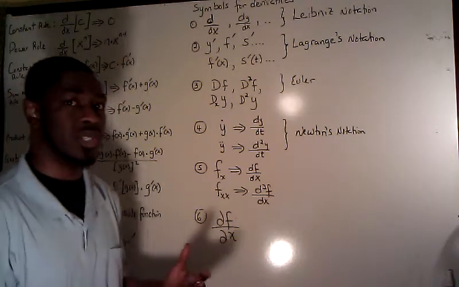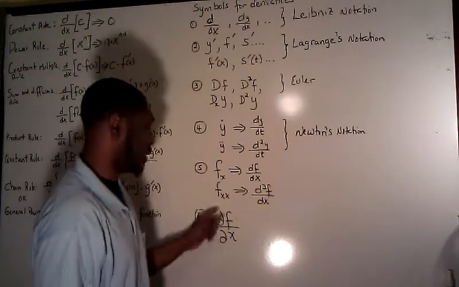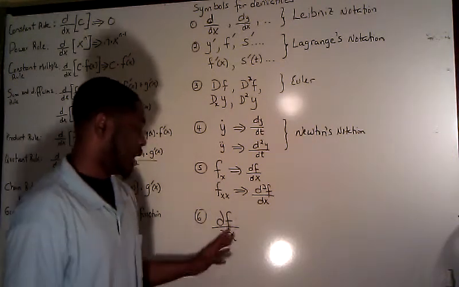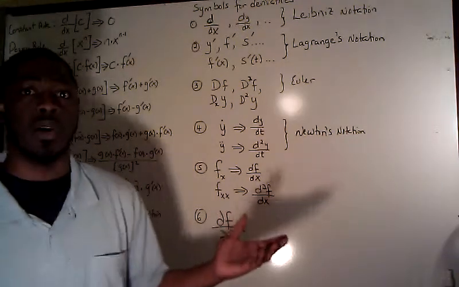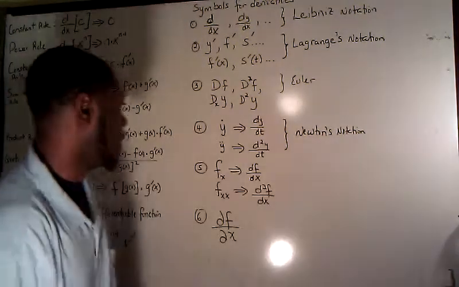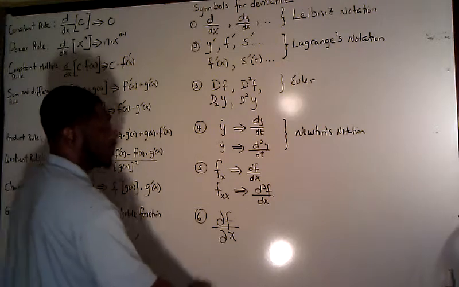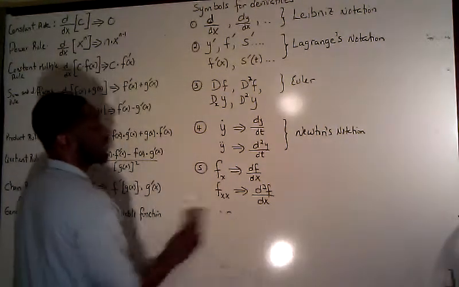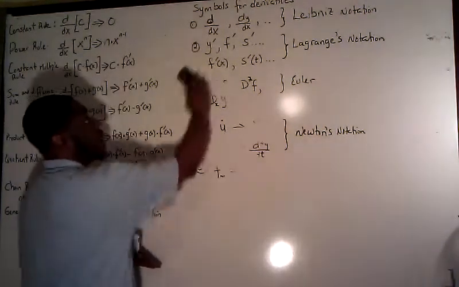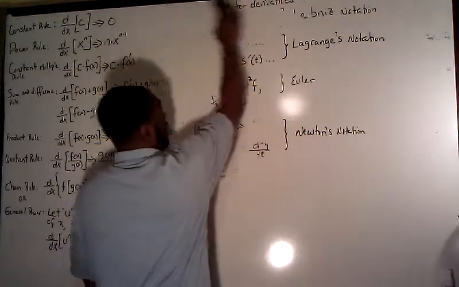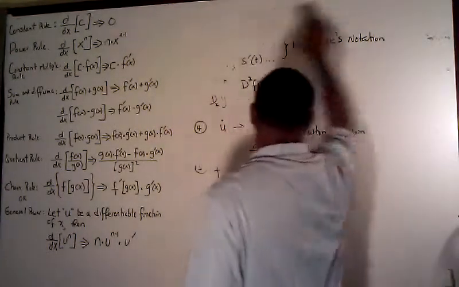This is called a partial derivative, and you'll probably see that a lot in a course called differential equations. But now that we've gotten our derivative notations out of the way, let's look at some problems to see how these rules can be applied.